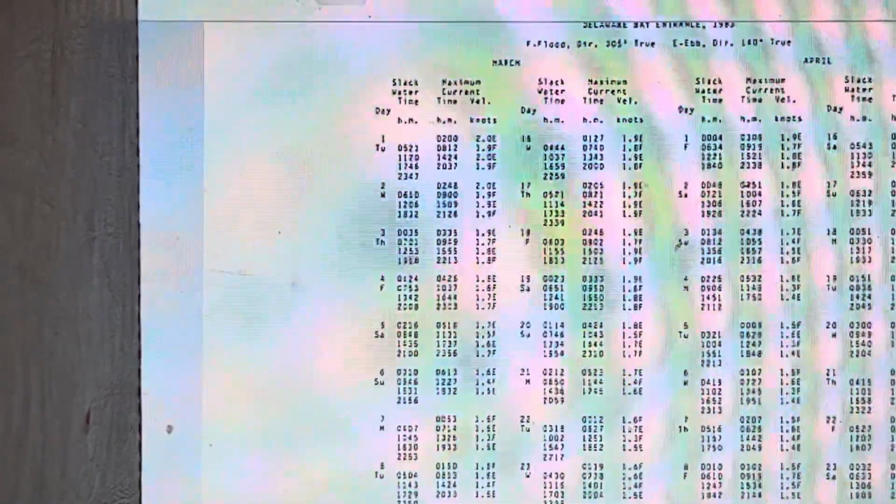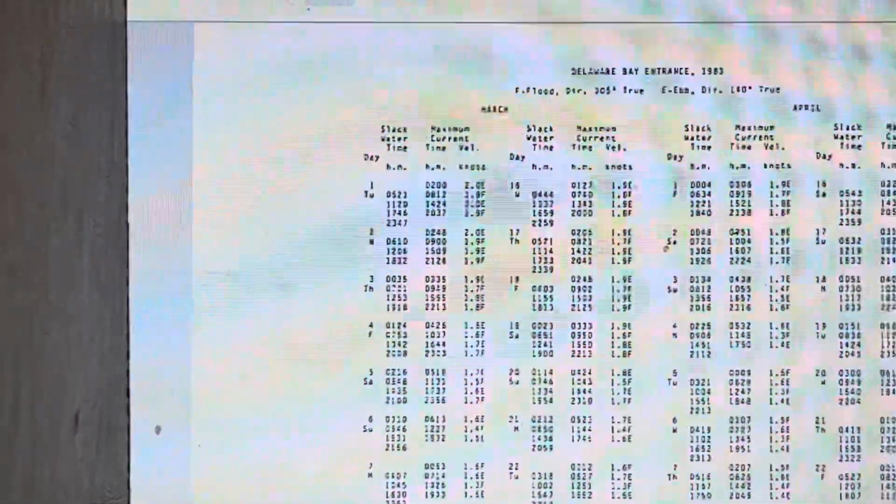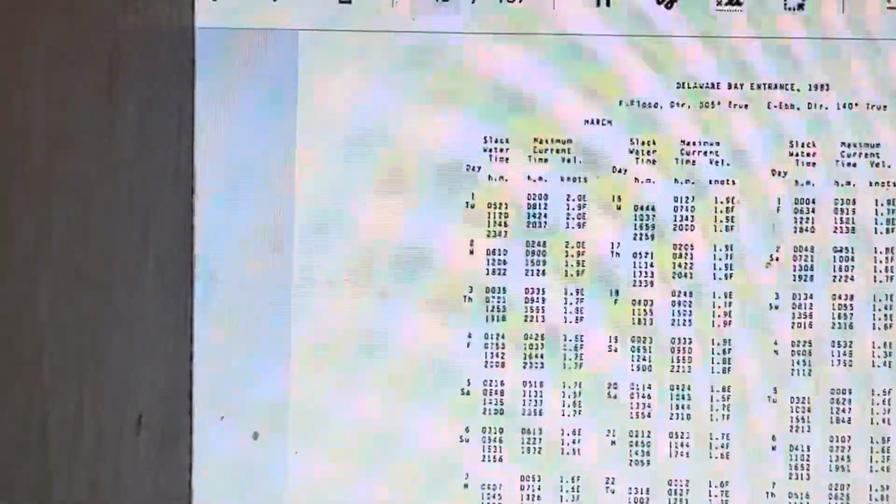Cape Cod. Pollock Rip, still in Massachusetts. Okay, we're down to New York. Delaware Bay entrance. Oh, I was right the first time, never mind. Okay, Delaware Bay entrance.